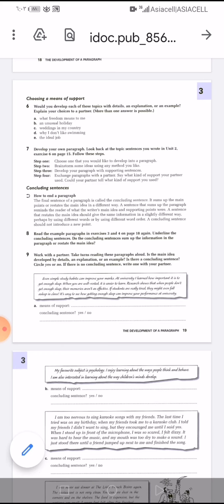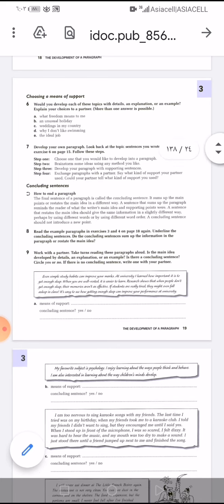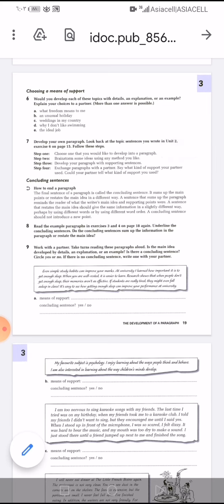Your homework and assignment is to develop one of these topics: what freedom means to me, unusual holiday, wedding in my country, why I don't like swimming, and the ideal job.